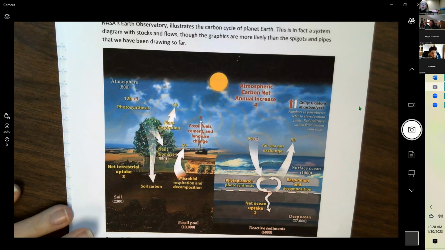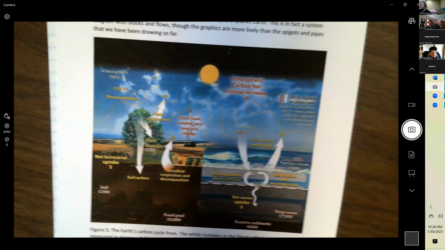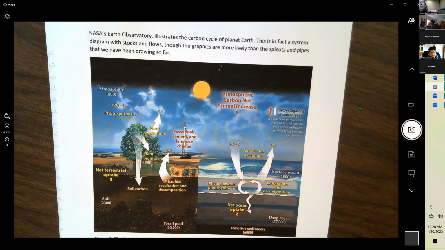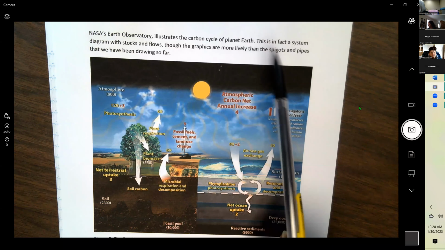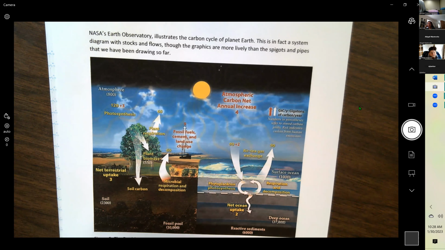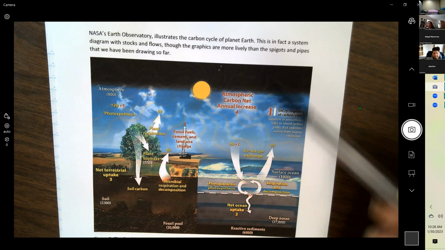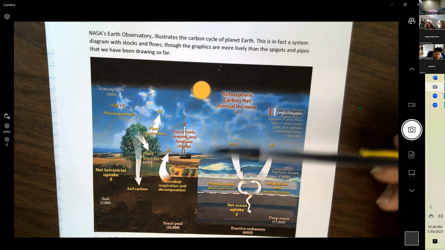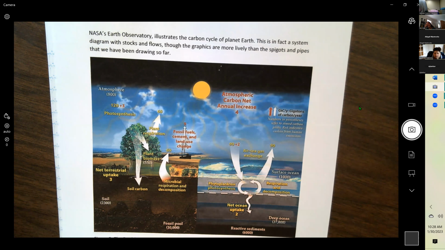Here's a little bit more. This one was in your book. NASA's Earth Observatory illustrates the carbon cycle for planet Earth. This is a system diagram with stocks and flows, though the graphics are more lively than the spigot and pipes that we had in the last drawing. So this is our carbon cycle.